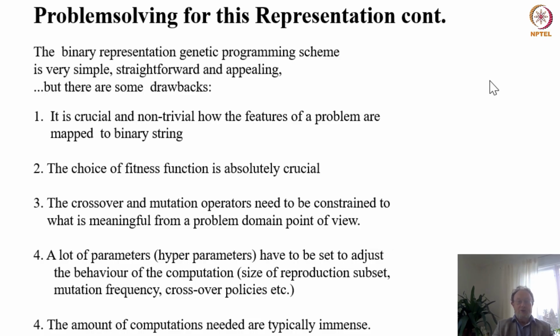And it cannot happen, of course, that crossover breaks apart bits that belong to the same feature. So the modeling of the feature set onto the chromosome binary strings is a non-trivial task.